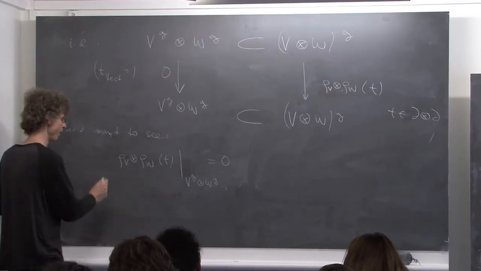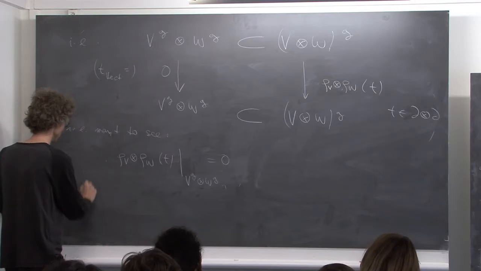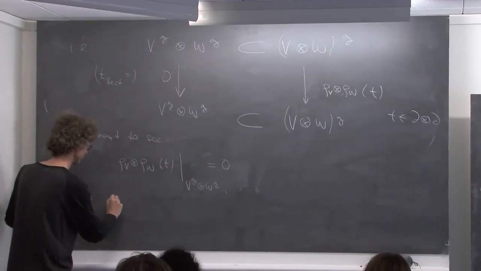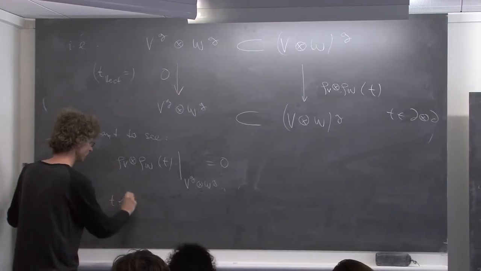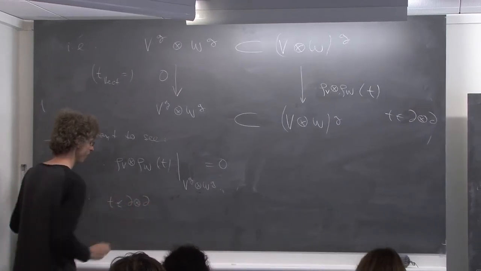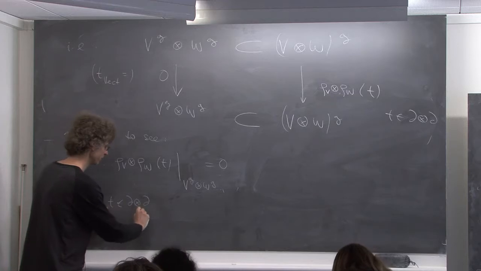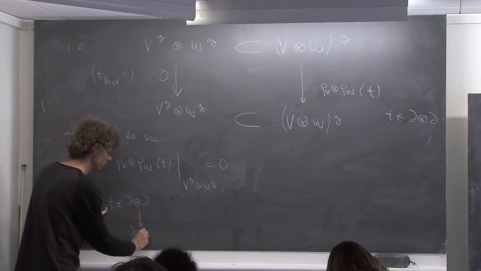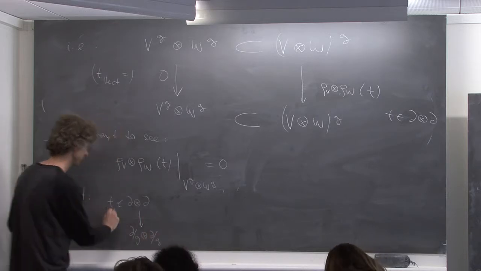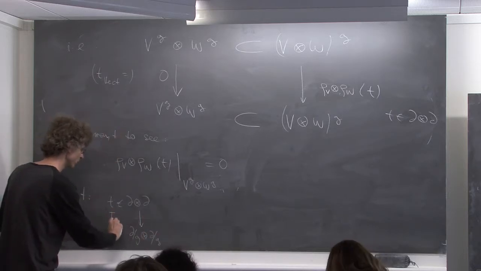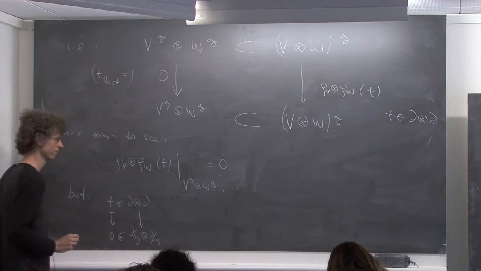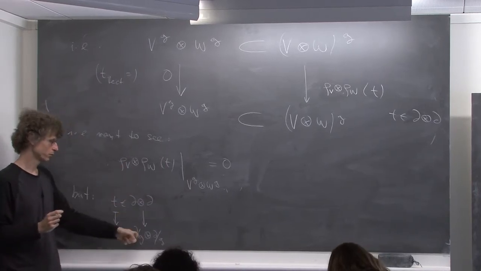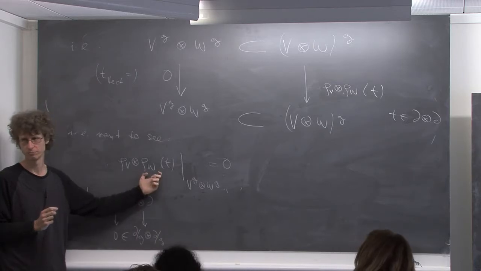But we know that when we take this T, who is in D tensor D, and map it to D mod G tensor D mod G, then this guy goes to 0. And you see that T is going to act only through this projection here.